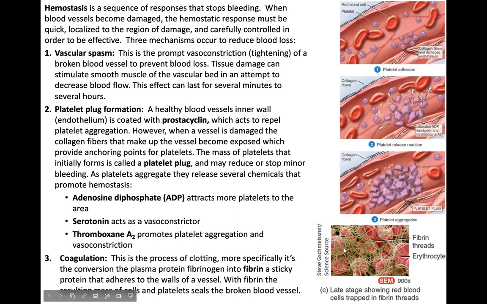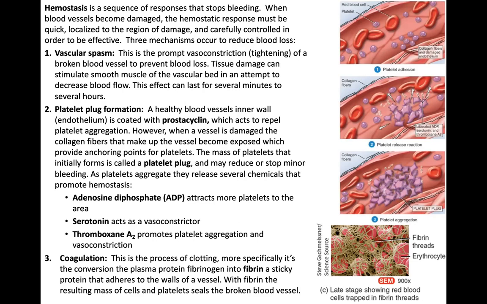So essentially what we end up with is just a clog, like what can happen to your drain if you get something down there, like a whole bunch of hair or too much toilet paper or something like that, if you're thinking like in your toilet. Okay. And that's what seals the broken blood vessel, and that's more of a permanent thing.